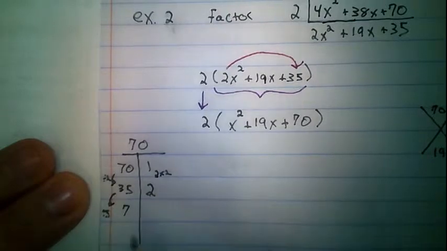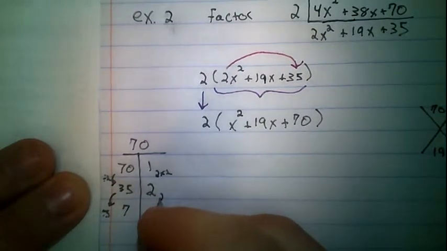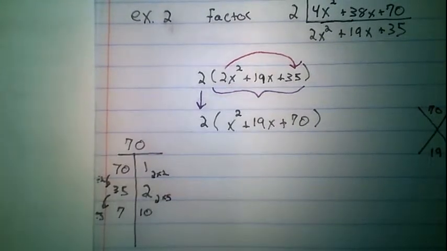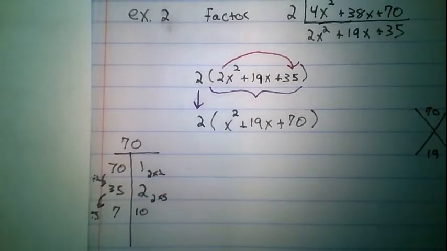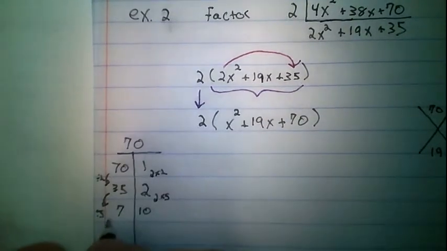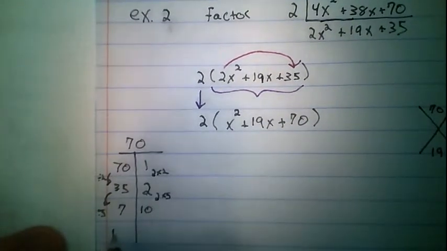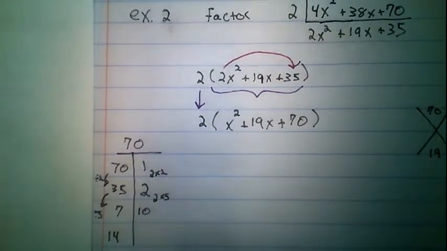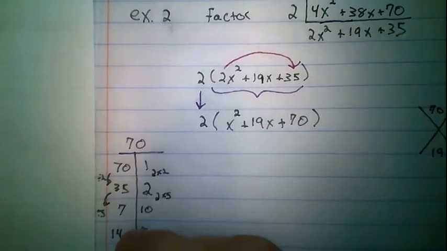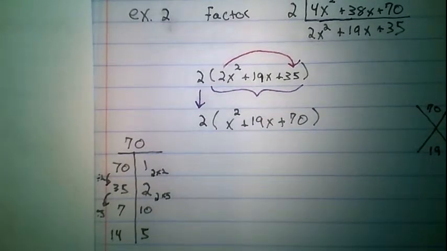That would give me 7. And I multiply that by 5. That would give me 10. 7 plus 10, that's 17, so that's not going to work either. Let's do it again. If I double 7, it gives me 14. And I take half of 10, that's 5. Well, 14 plus 5 gives me 19.